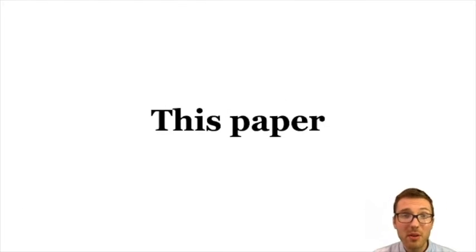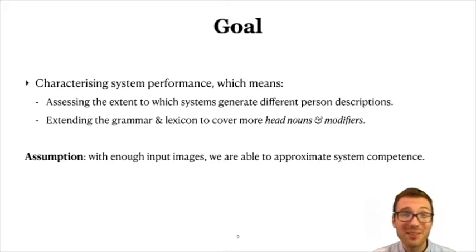In this paper, we're going to be characterizing system performance, which means that we will try to assess the extent to which systems generate different person descriptions. We're going to extend the existing grammar and lexicon to cover more head nouns and modifiers.